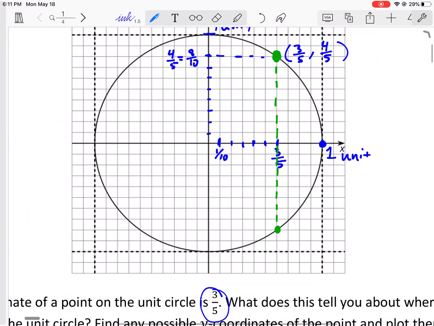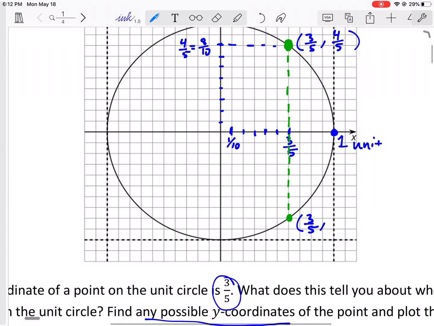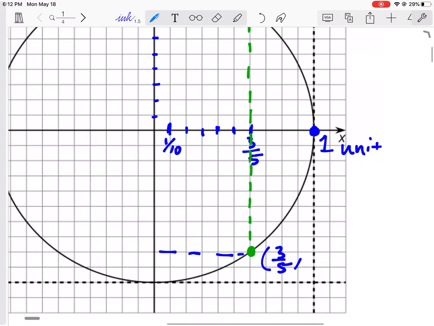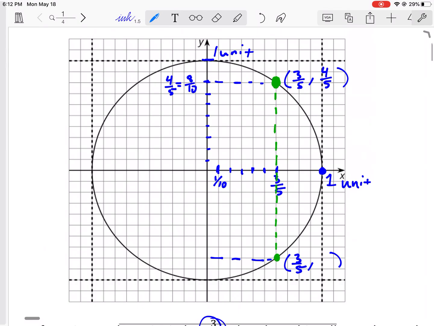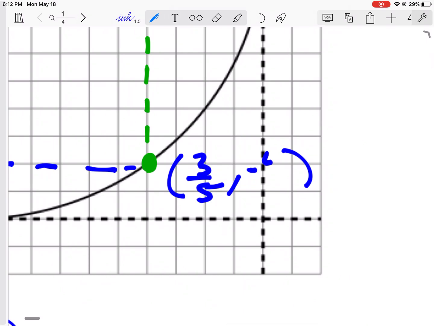And if we just thought real quick, well, we know the x value of this point is 3/5. What's the y value? It's just the same thing in the opposite direction. So pause for a second and think, what would the y-coordinate be on this point? Okay, so it was 4/5 up here. Hopefully you should have thought that this is -4/5.